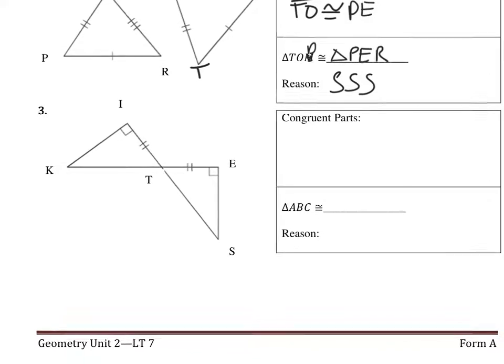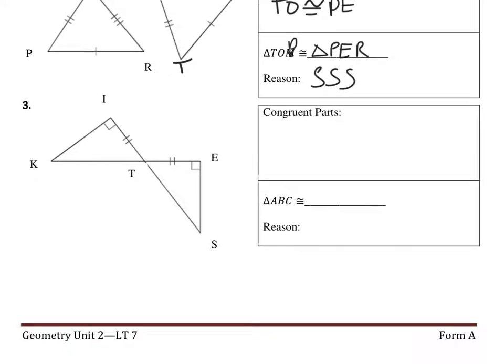So next one, we've got some congruent parts here. Right away, when we got this kind of drawing, we want to mark the vertical angles. Always be looking for vertical angles. All right, we had reflexive above, and here's some vertical angles. So let's name those angles. We've got angle KTI actually is congruent to angle STE.